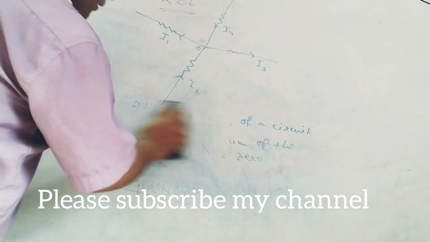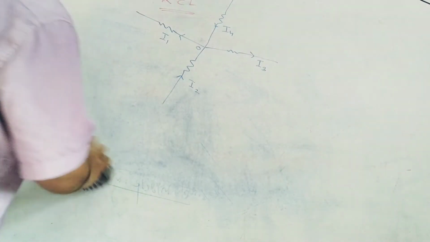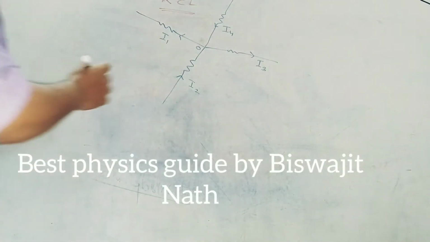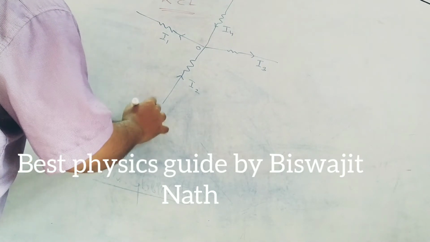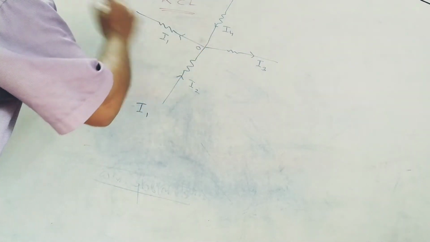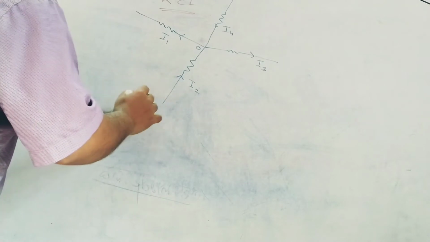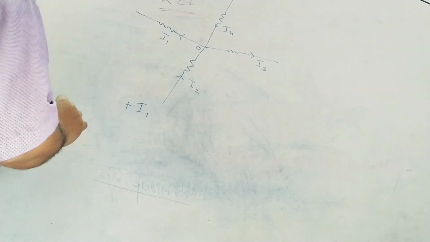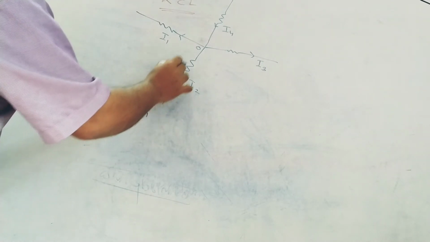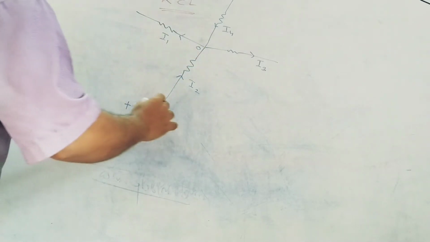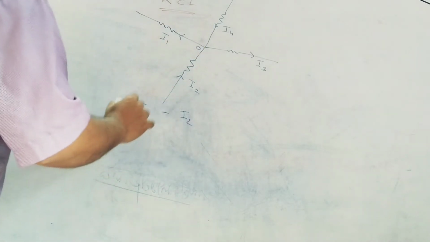Therefore, we can write that I1 comes out from the junction point O, that is I1 is positive, and I2 enters into the junction O, therefore I2 is negative.